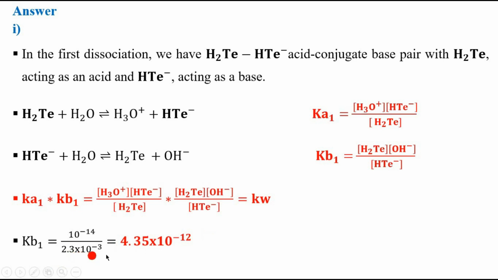That means the Kb1 will be equal to 10 power negative 14 divided by Ka1. Once you have the Ka or Kb, you can determine the unknown. If you have Ka1, you can determine Kb1, because you know their product is equal to Kw. That was question I. Let's go to question II.